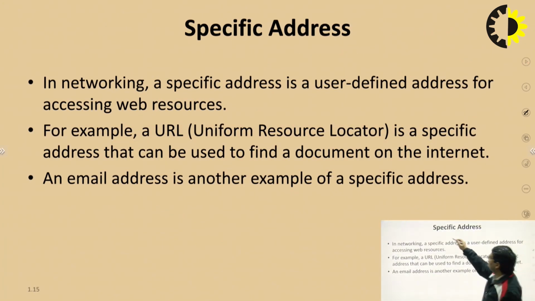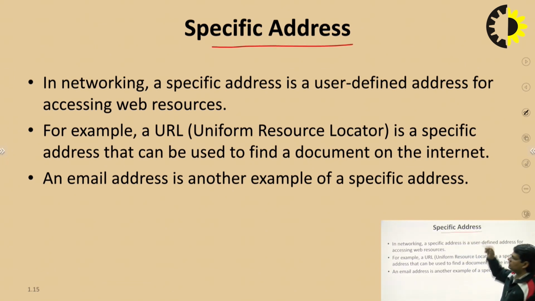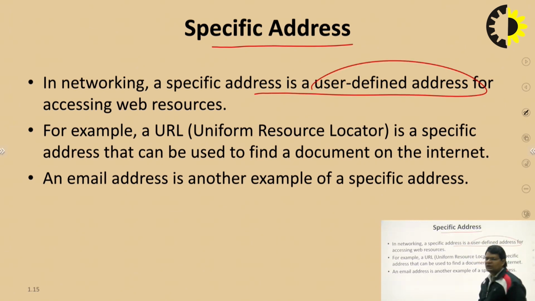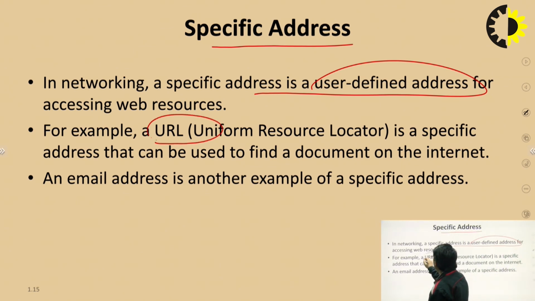So finally, the specific address. Specific addresses are user-defined addresses for accessing the resources over the internet or web. For example, URL, Uniform Resource Locator, for accessing any particular web page or website on the internet.